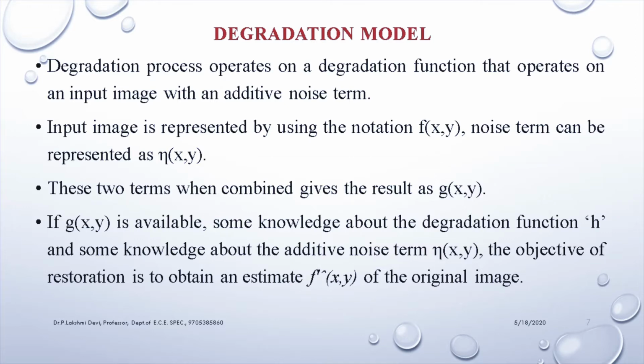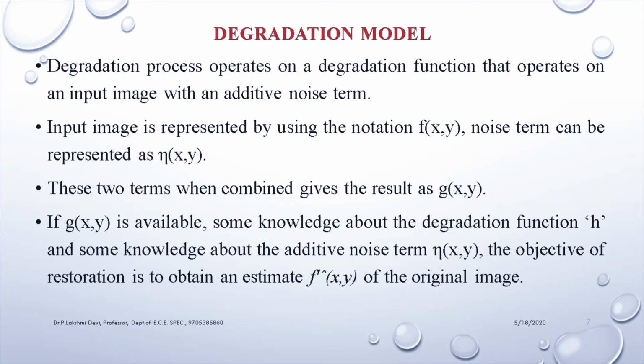The meaning of this degradation model is that the input image f of xy, as well as the additive noise term eta of xy, leads to the degraded image g of xy. Then with this knowledge of h and eta of xy, if you are in a position to extract the restored image, we denote it as f cap of xy.